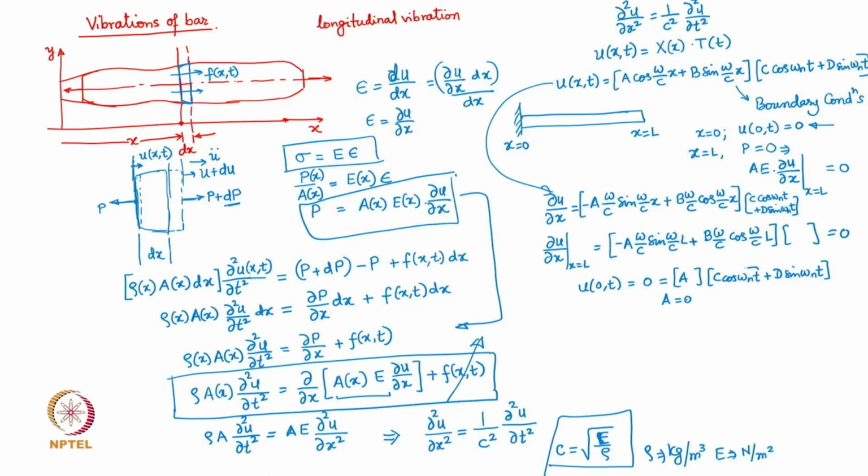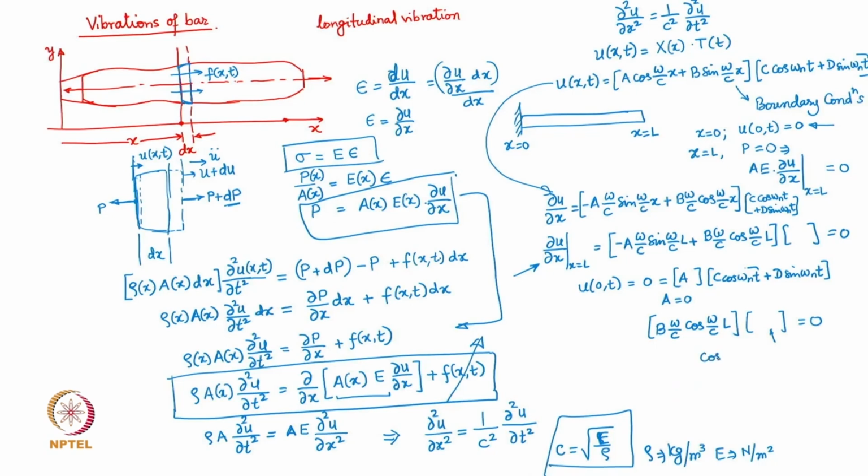Now if I substitute A equal to 0 in this equation, what do I get? b omega by c cos(omega/c L), times the harmonic time function bracketed quantity, equal to 0. For all times this quantity cannot be 0, so obviously the other quantity has to be 0. Now b cannot be 0 for a non-trivial solution, as we discussed earlier.